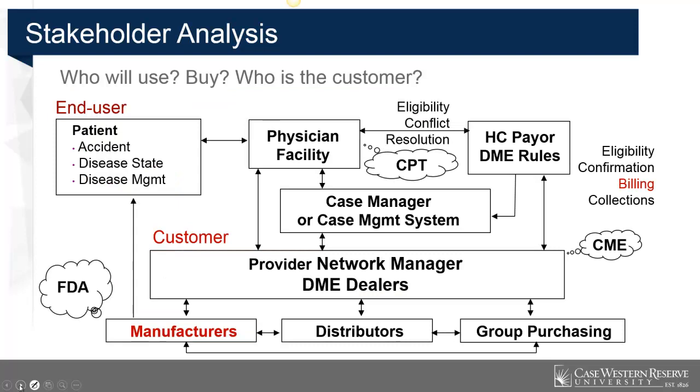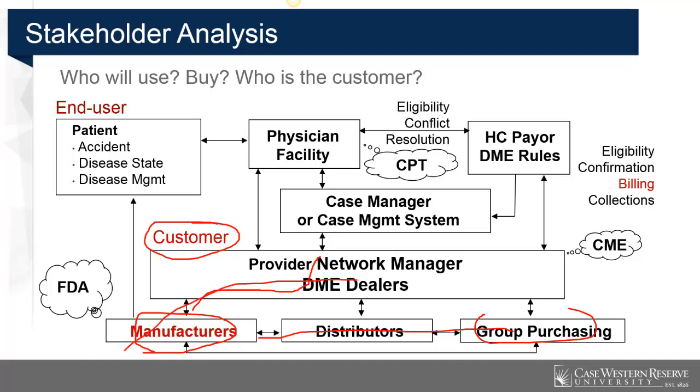When we think of who will buy, we think of the complexity of the delivery system. You might be thinking, well, I'm just going to invent something and we're going to manufacture it and sell it. Well, it's pretty easy to see that, for instance, in home medical equipment, we have to go through a dealer network, we might have to go through distributors, there might be group purchasing. You begin to realize that reaching the customer might be a little harder than you think.